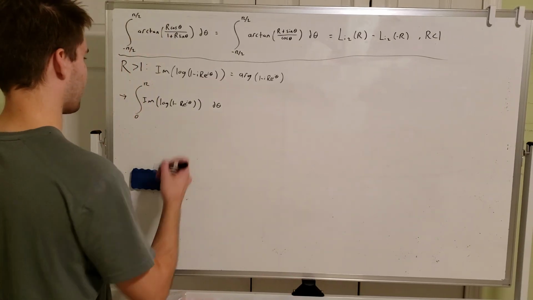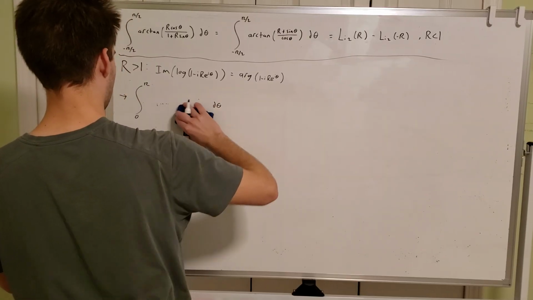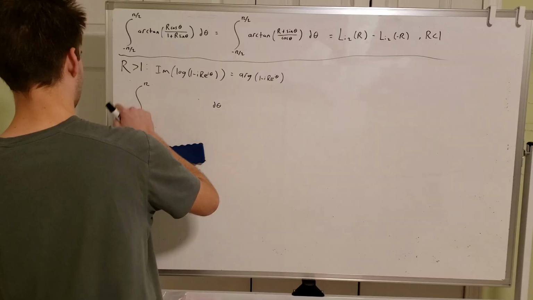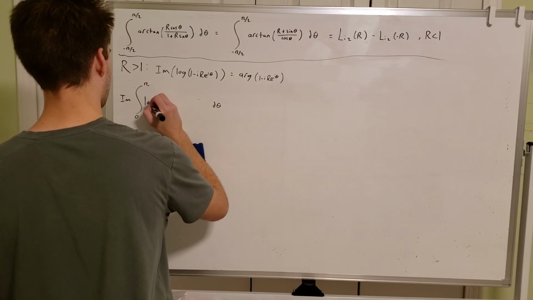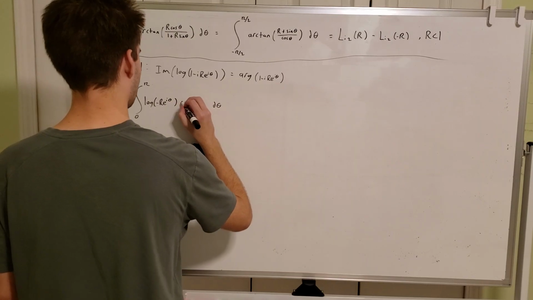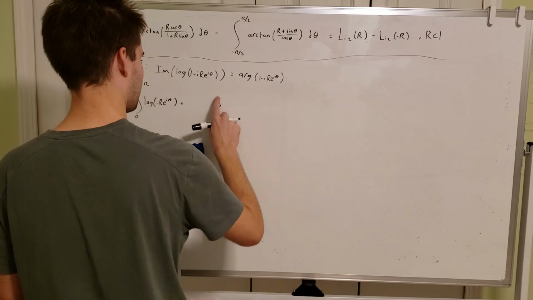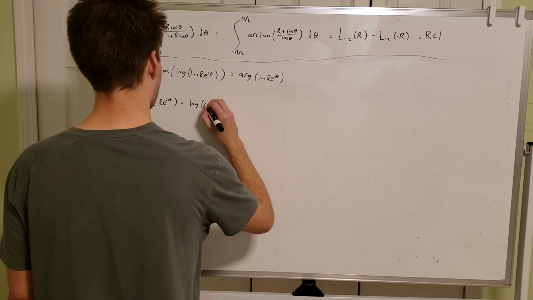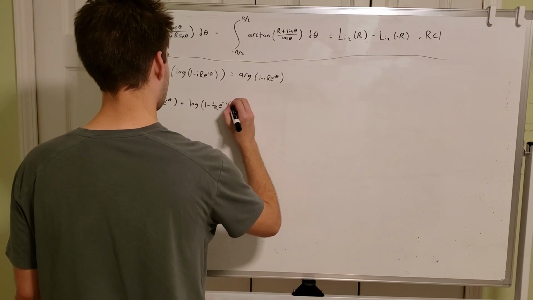So now what we're going to do is we're going to split this. I'm going to pull the imaginary part outside. We're going to rewrite this as the logarithm of minus re to the I theta plus the log of 1 minus 1 over r e to the minus I theta.